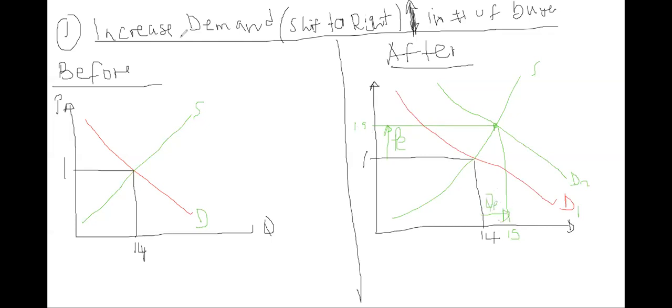So the effect of an increase in demand is an increase in the equilibrium price, and it will also lead to an increase in the equilibrium quantity. We have seen that the price increased from 1 to 1.5, and the equilibrium quantity also increased from 14 to 15. So when they ask you the effect of an increase in demand, or shift in demand to the right, you could say that it will lead to an increase in both equilibrium price and quantity.